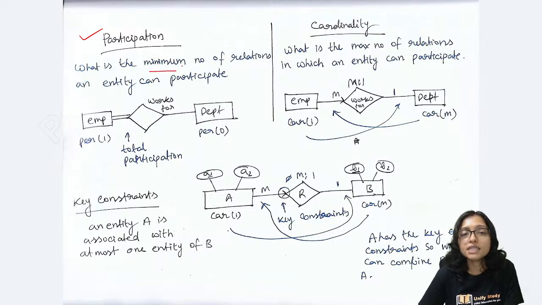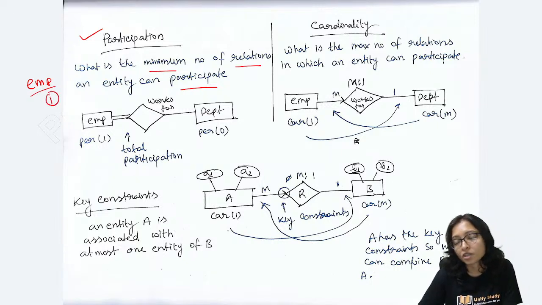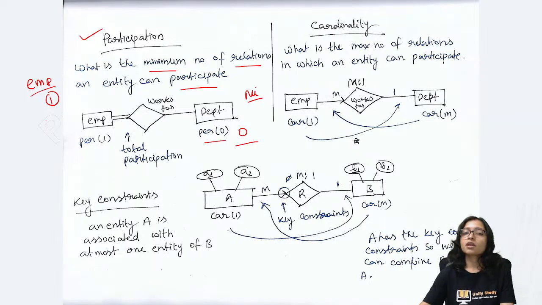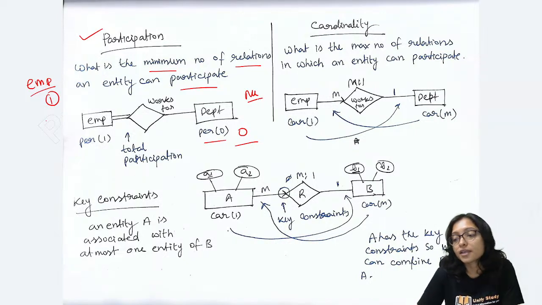Participation means the minimum number of relations an entity can participate in. Minimum means one employee can work for one department minimum, and in one department there can be 0 employees also. Maybe it is a new department and there is no employee. That's why participation can be 0.